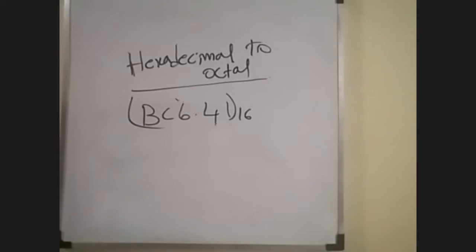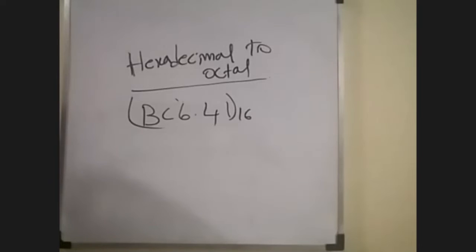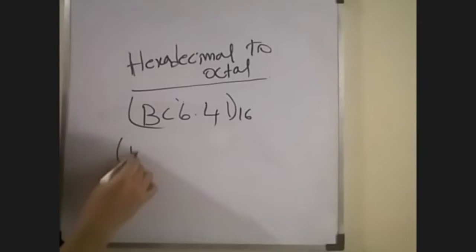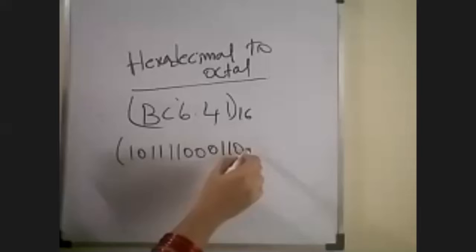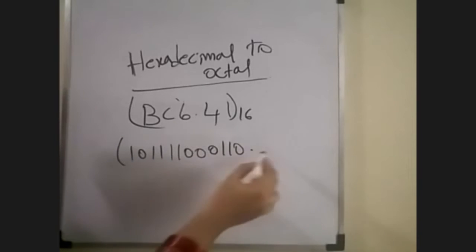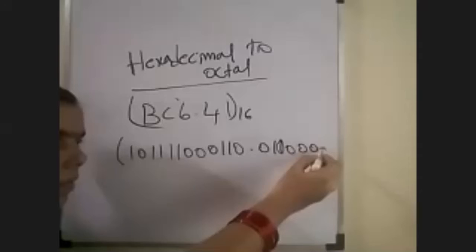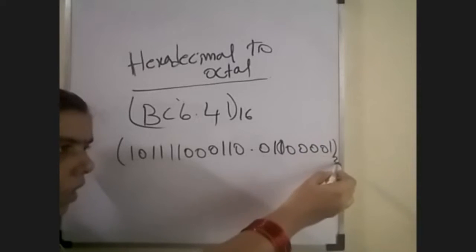B6.41. B is 1011, 6 is 0110, then point, 4 is 0100 and 1 is 0001. Then what is the octal equivalent?